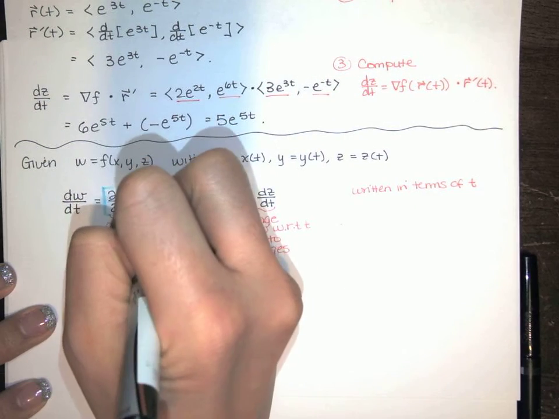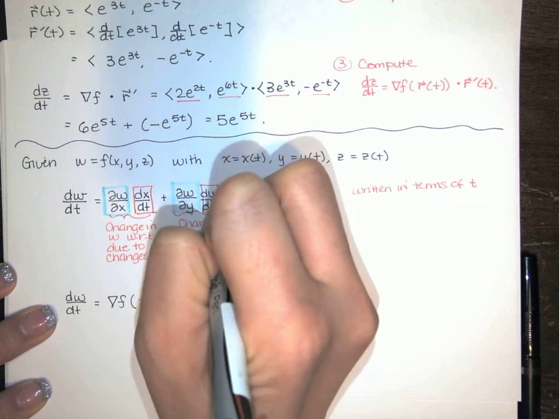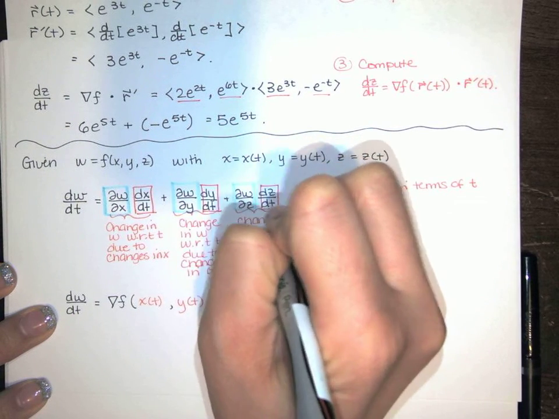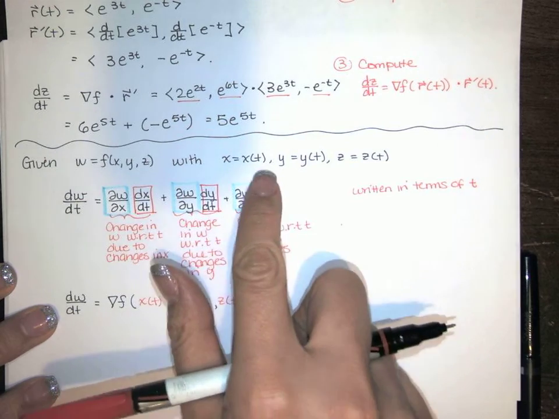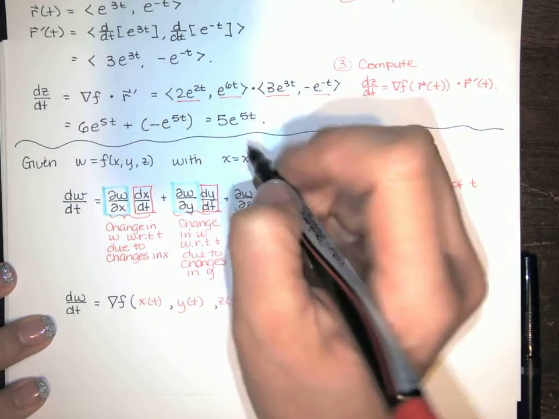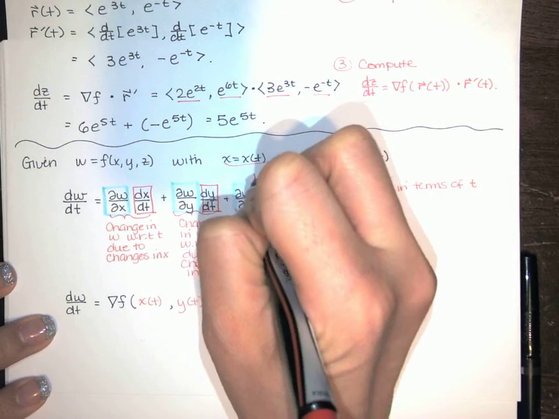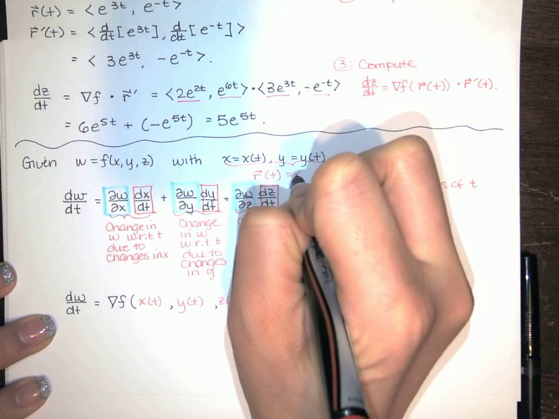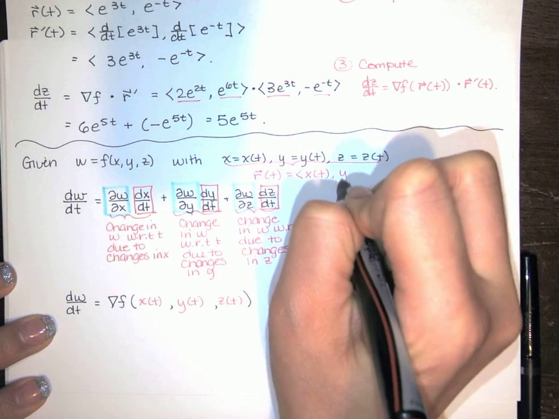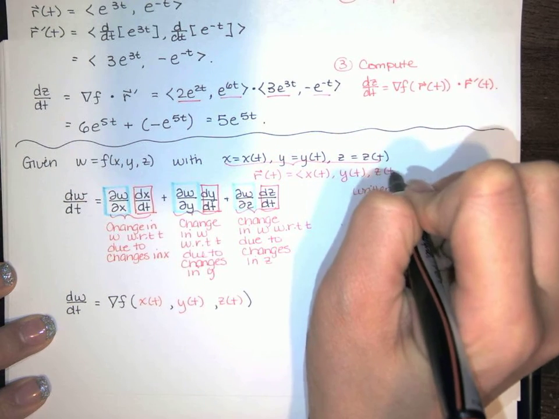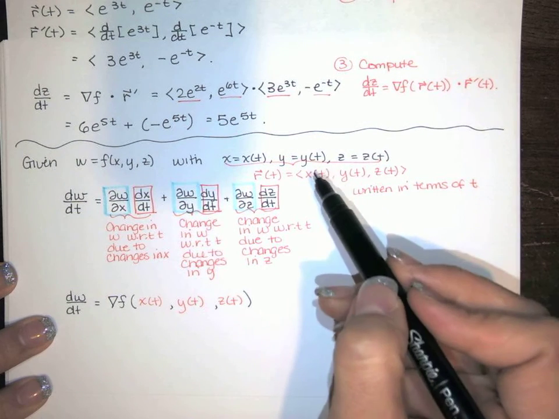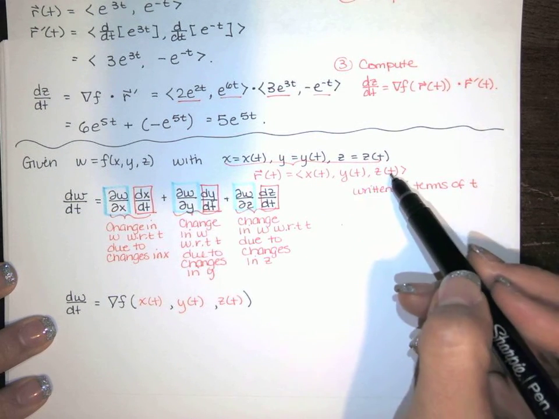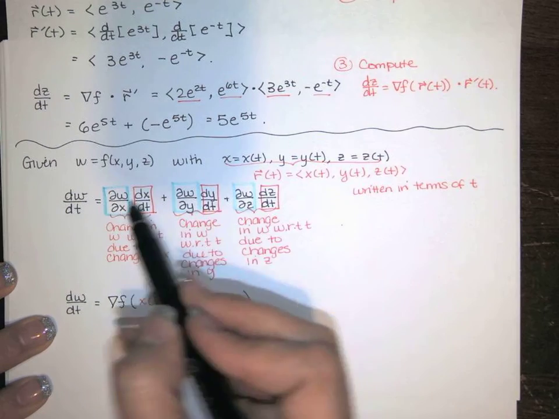And then these guys, well, those are the components of r prime if r has components x of t, y of t, and z of t. So if we put these guys together in a vector valued function r of t, and I take its derivative, that's going to be x prime, y prime, z prime, and I dot it with the gradient, I get this.